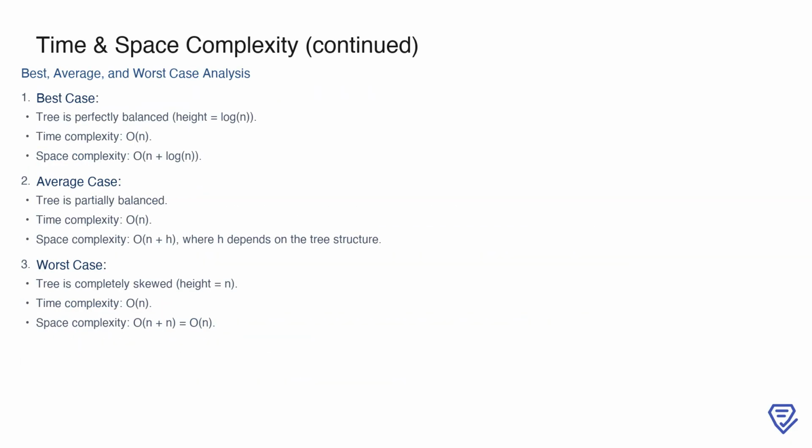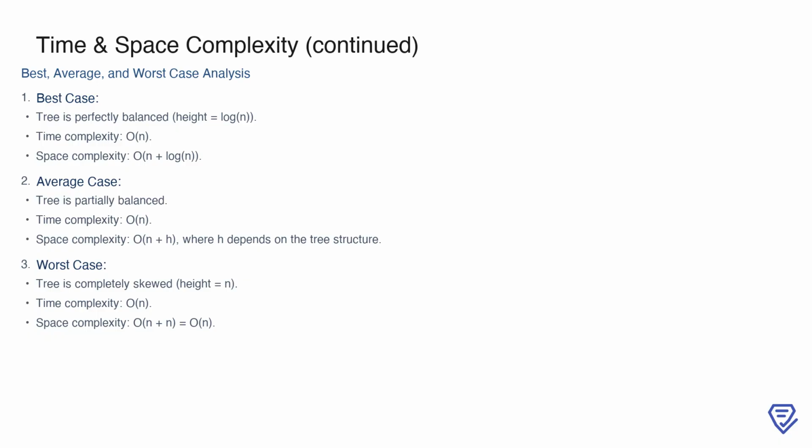Let's analyze the best, average, and worst cases for our solution. In the best case, where the tree is perfectly balanced, the height of the tree is log n. The time complexity remains O(n), as we still visit all nodes exactly once, and the space complexity becomes O(n) plus log n, due to the recursion stack and result list.